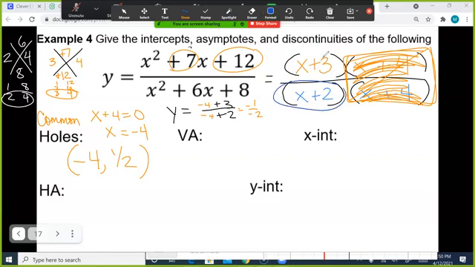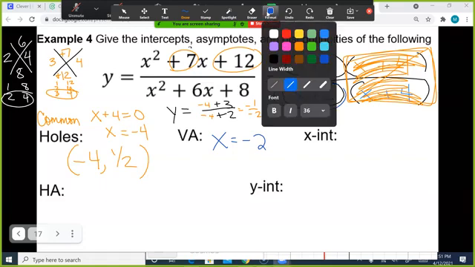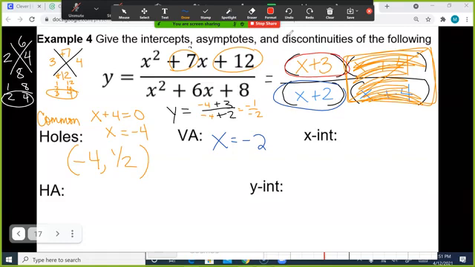I'm going to do these quickly because you've already done these. So x would be negative 2, because if I set it equal to 0 and solve, that's what I would get. The x-intercept is the numerator equal to 0. Subtract 3, I would get negative 3 as the x-intercept.